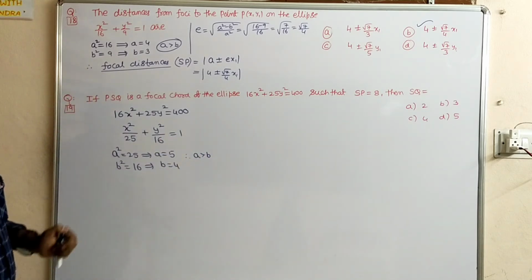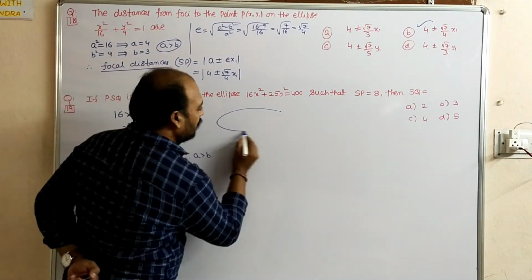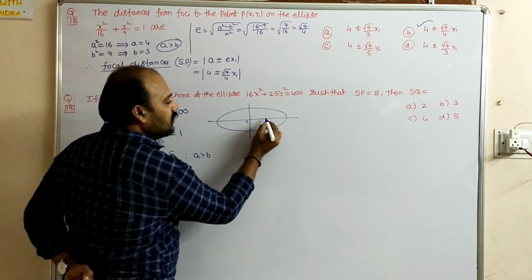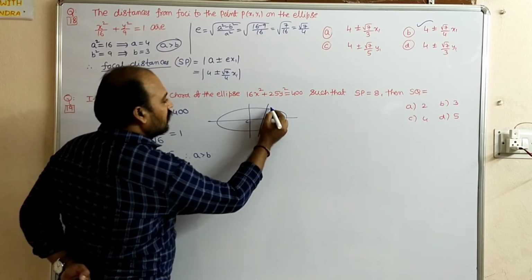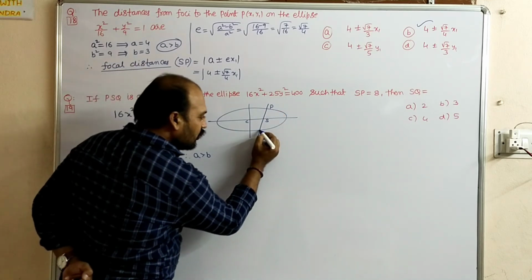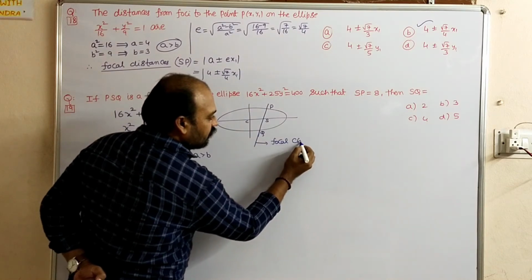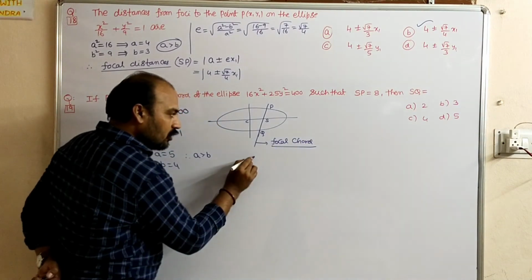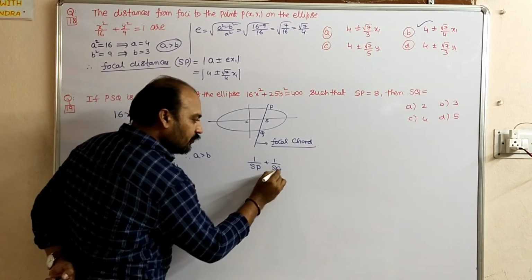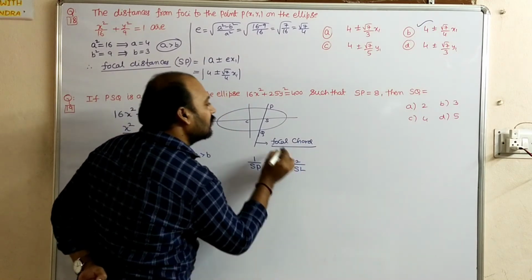So after that, what value is required? Here this is the focal chord PSQ. Whenever PSQ is a focal chord, we have the formula 1 by SP plus 1 by SQ is equal to 2 by SL.